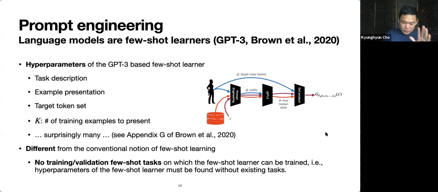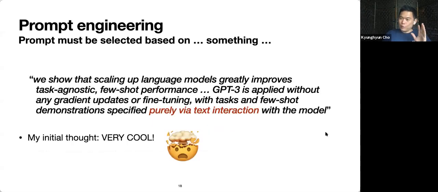But again, let me just say that I am and I was and I continue to be very excited by this possibility of interacting with this gigantic neural network using purely text and then being able to force or entice it to do something that I want it to do.